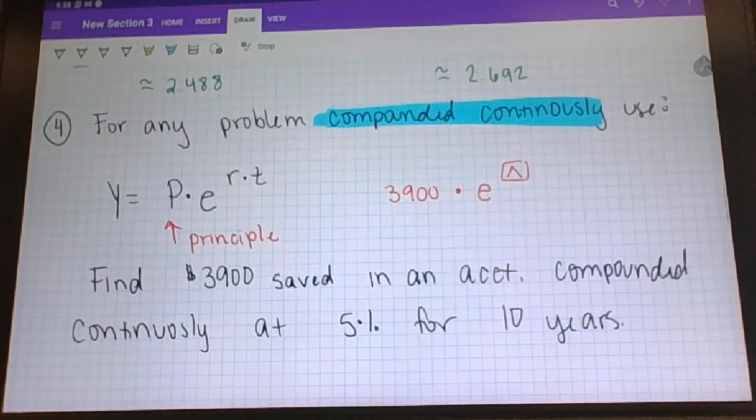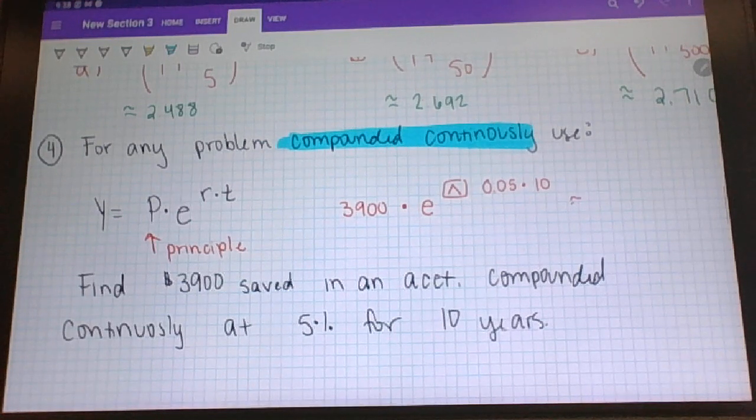It's the rate as a decimal times the number of years. So that's it. And it's not that common, but you could Google it right now. You could say which banks are offering savings accounts compounding continuously. And it's usually like you got to be ready to deposit quite a bit of money. But they are offering it today. This is a real thing.